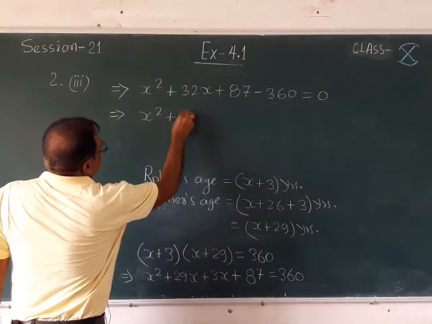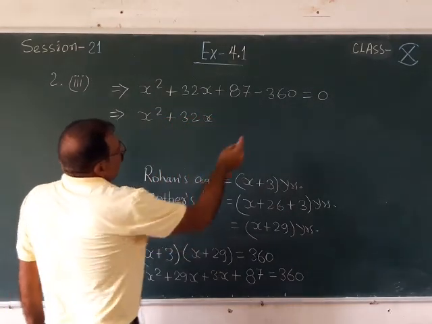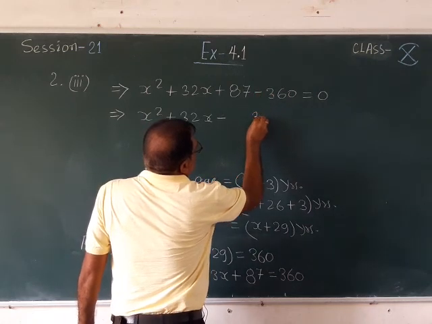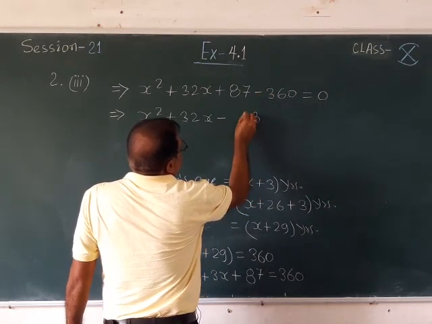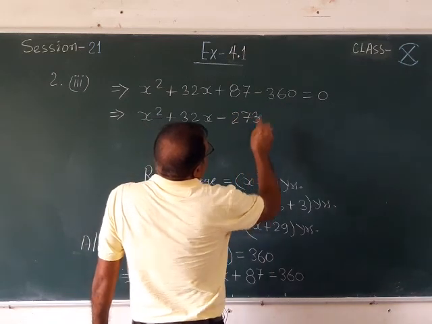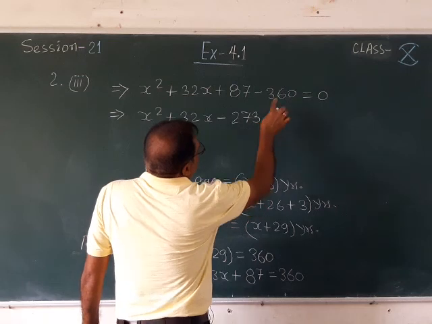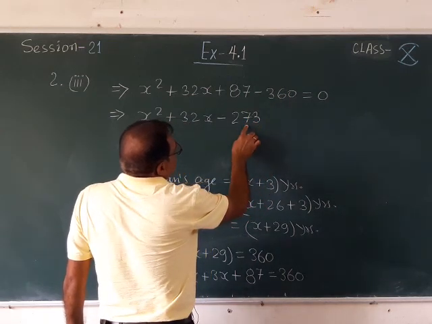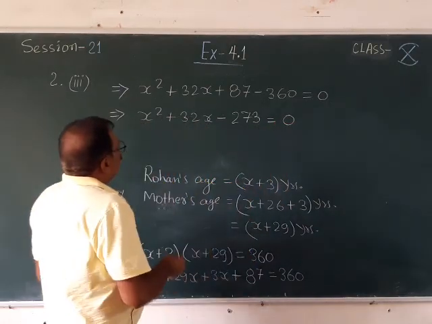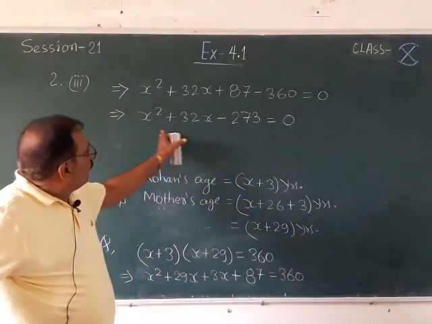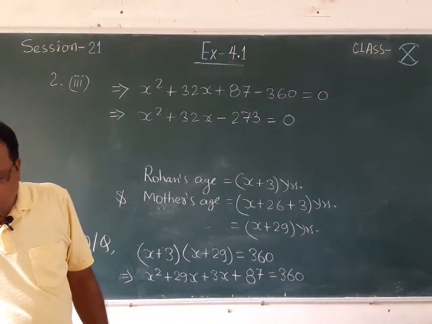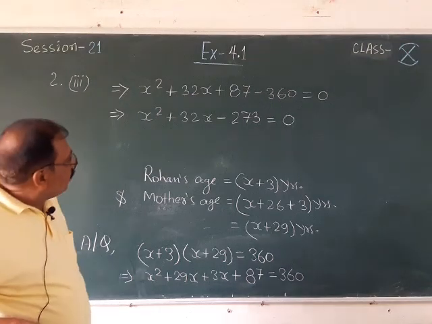x square plus 32x, now here it will be a minus sign. Then 10 minus 7 is 3, and 15 minus 8 becomes 7, and here it becomes 2, that is equal to 0. So you can see the equation is coming x square plus 32x minus 273 equals 0, and this is your required equation.